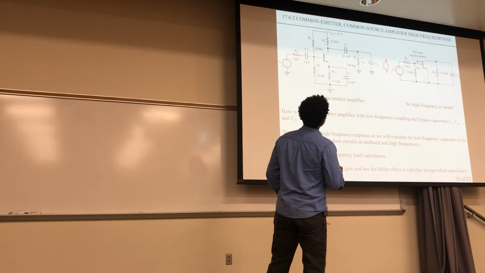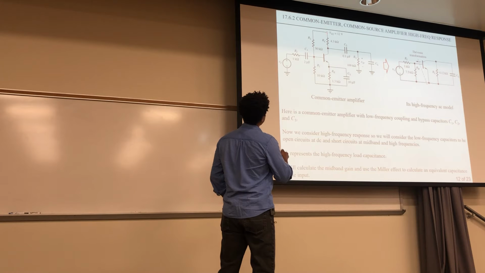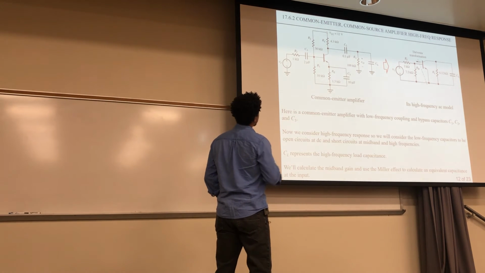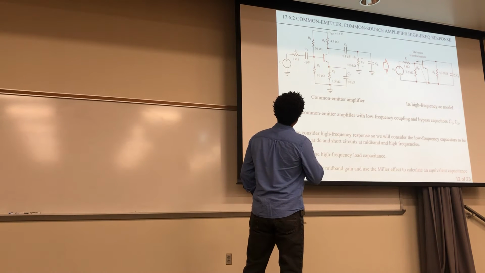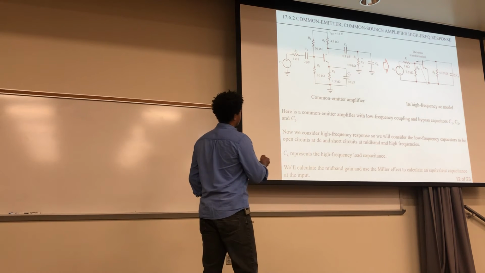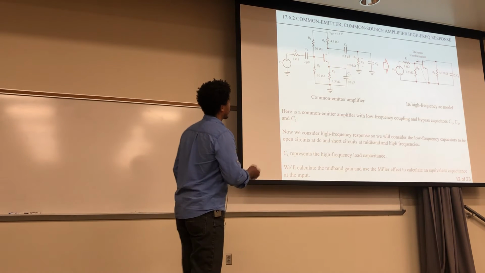This RB right here, remember that goes to ground, so this RB is going to be the R1 and the R2 in parallel, right? That's shorted right here. This remains, that's part of the load, and this right here is bypass. So these two are coupled. This is a bypass capacitor right there. That's why we just have this.